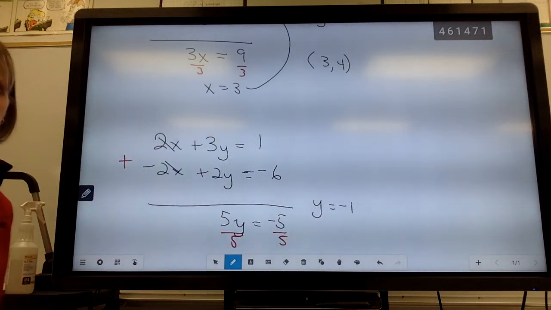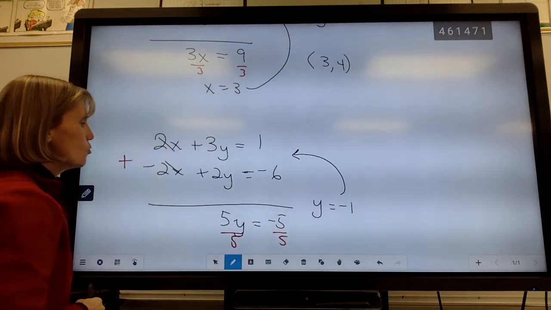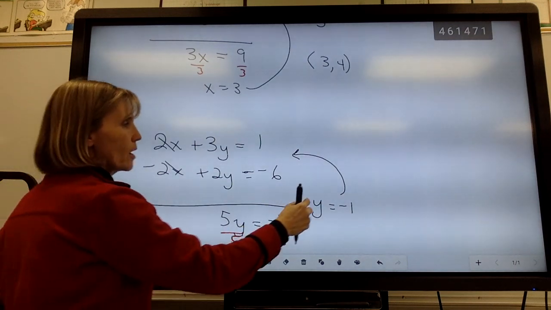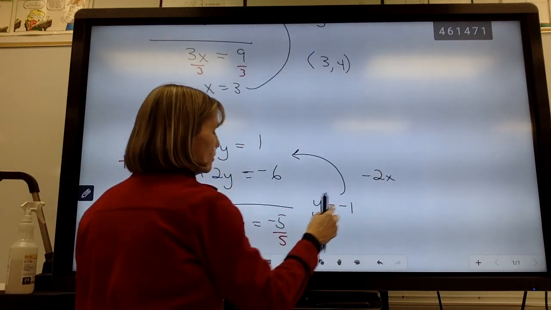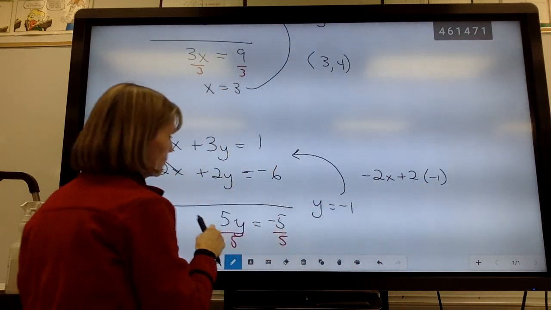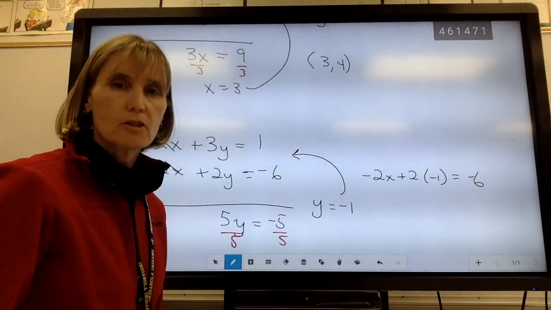So you have one of your values that you found. You're going to take that and plug it in to one of the two equations. It doesn't matter which one you plug it into. This time I'll plug it into the bottom equation. So I'd have negative 2x plus 2 times negative 1 equals negative 6. Okay, and now I'm going to solve that.